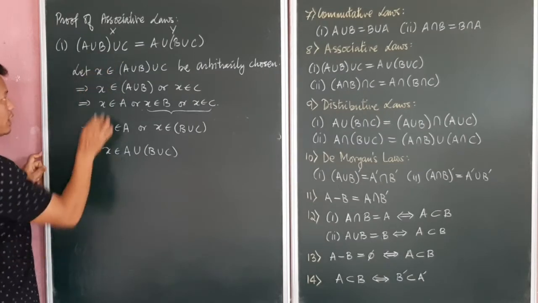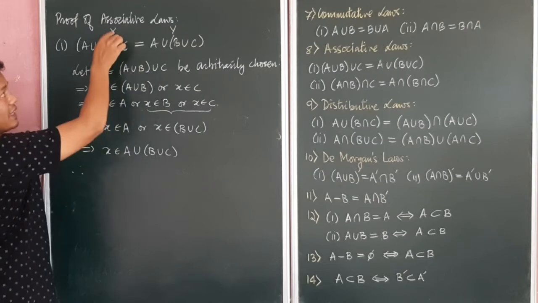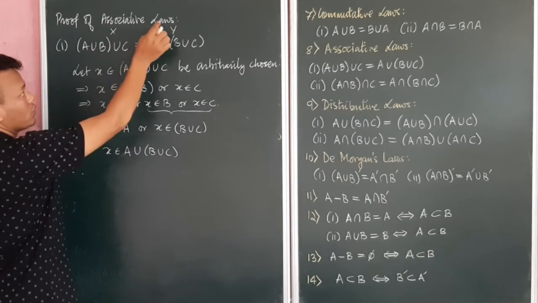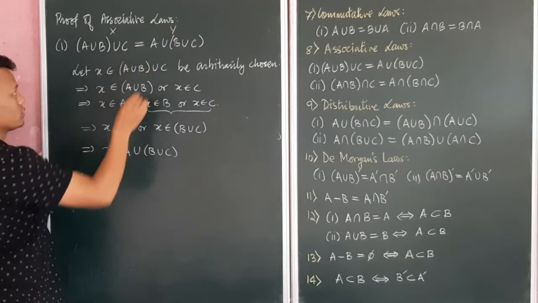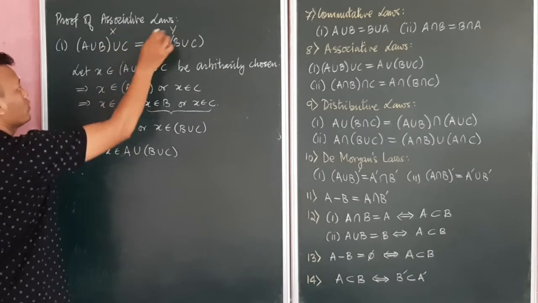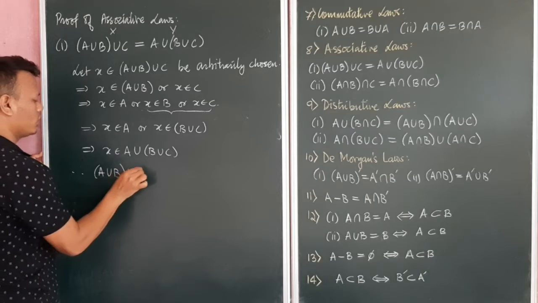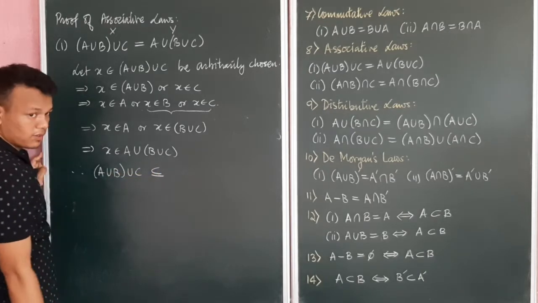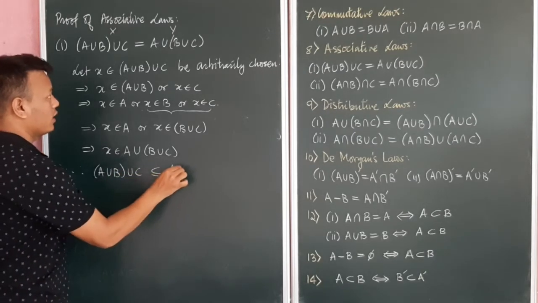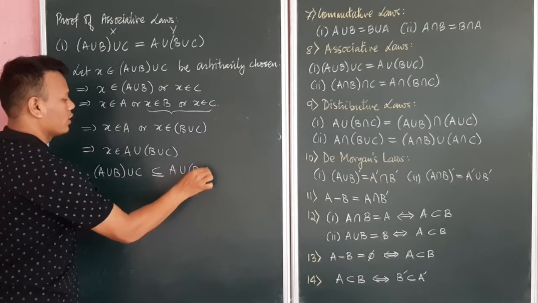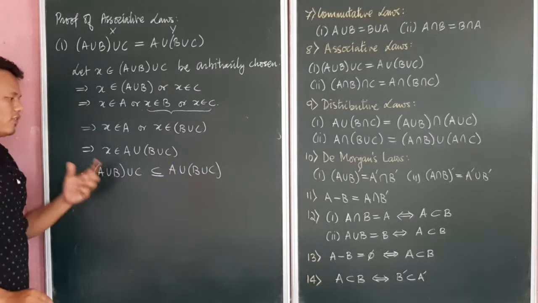This means that x is a subset of y. Any element of x is belonging to this as well, isn't it? So this means that x is a subset of y, that is A union B union C is a subset of A union B union C. So this is the first part.